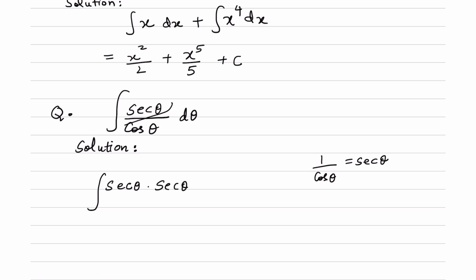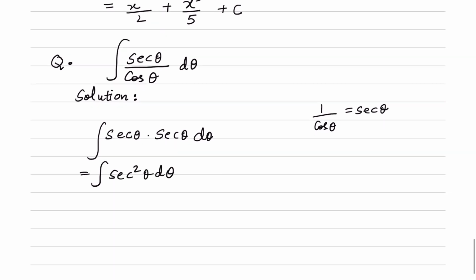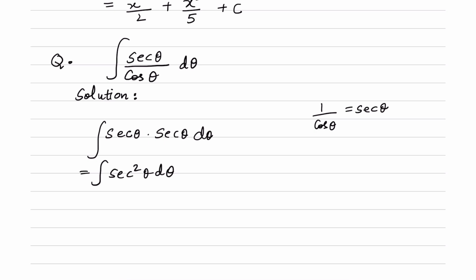So this becomes secant square theta d theta, and we know by the secant square theta integration formula that it is equal to tan theta, and we will add a constant.